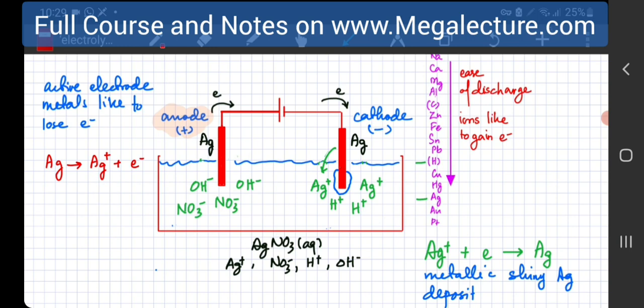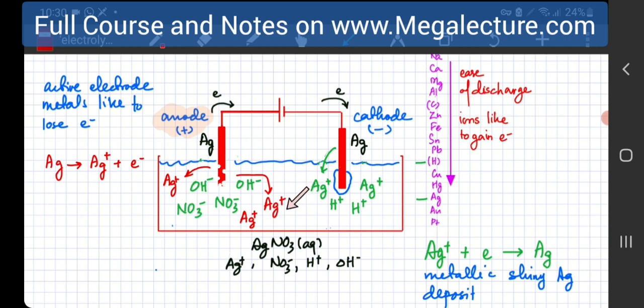So your anode would start to dissolve because a lot of silver ions are going to be produced, and your anode would start to lose mass. Silver atoms in the anode would start losing electrons and forming silver ions, which are going to dissolve in the solution. So lots of atoms turning into silver ions going into the solution.